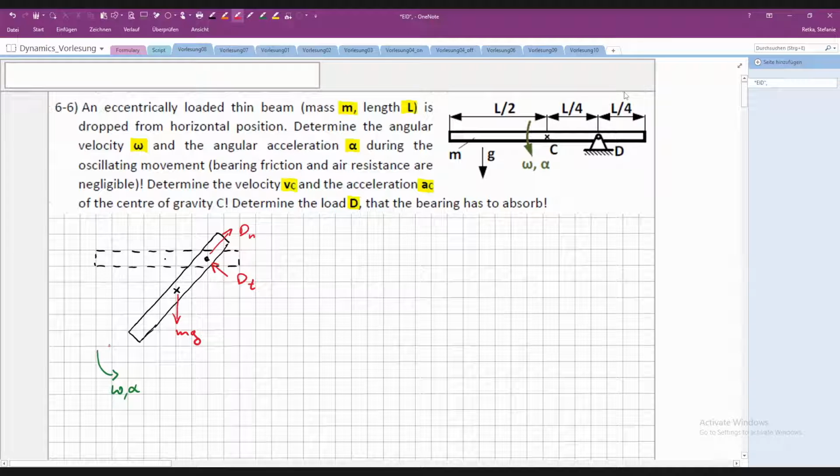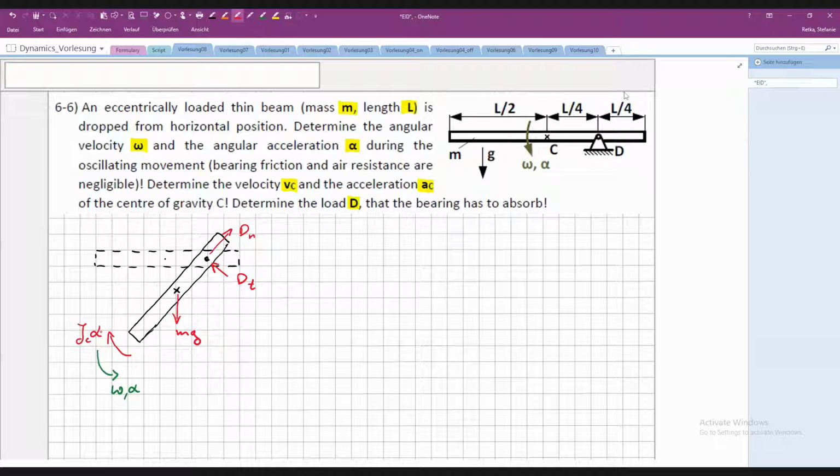Then, due to the rotation, we have to consider the inertial moment opposite to the direction of the angular acceleration, JC times alpha. And we have to consider the inertial forces, which always act in the center of gravity, and they point opposite to the direction of acceleration.